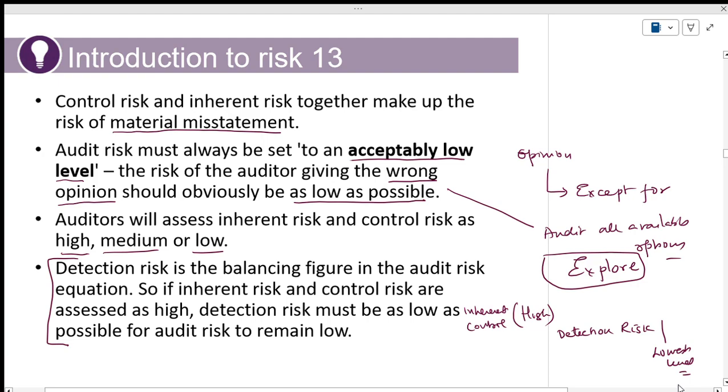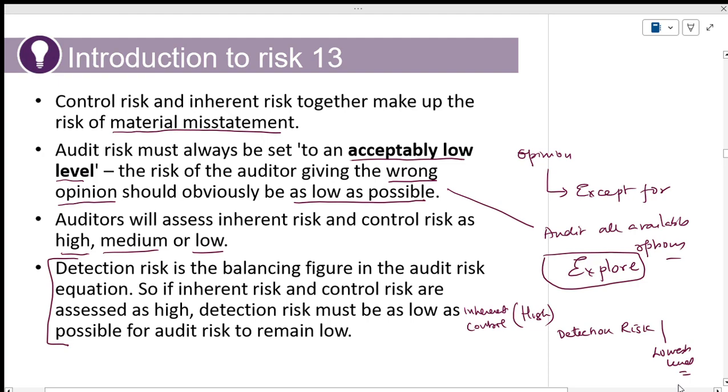If inherent risk and control risk are assessed as high, meaning there is a high potential of inherent risk and a high potential of control risk, then the element of detection risk must be very, very low. It means we are unable to detect the errors.